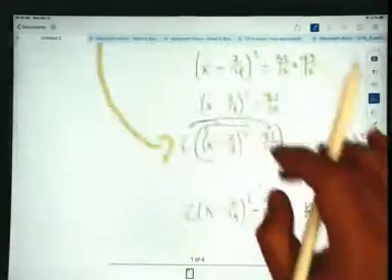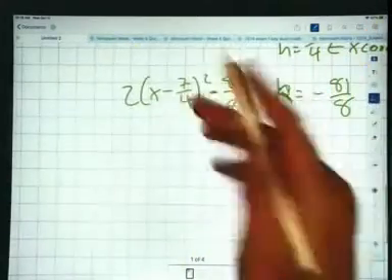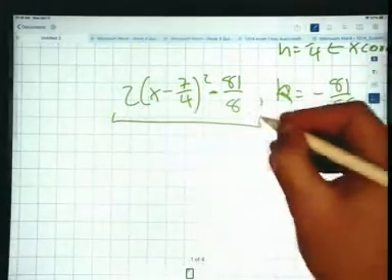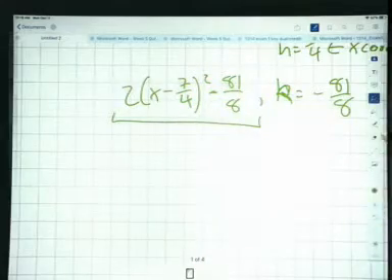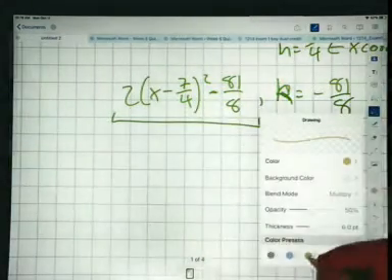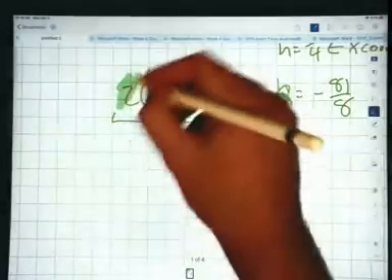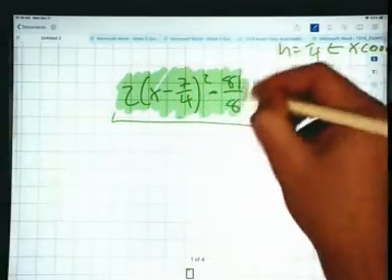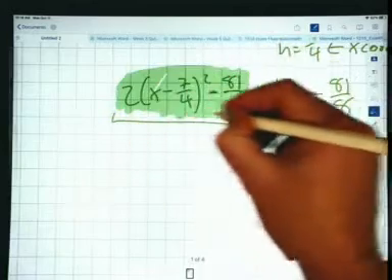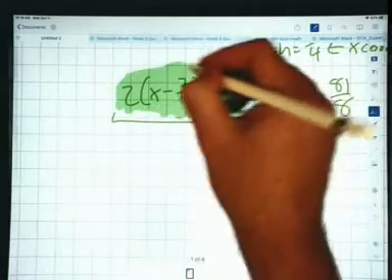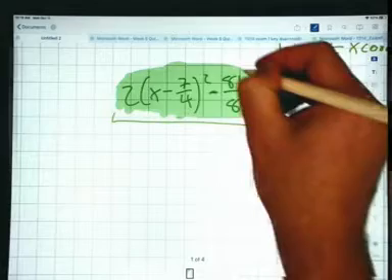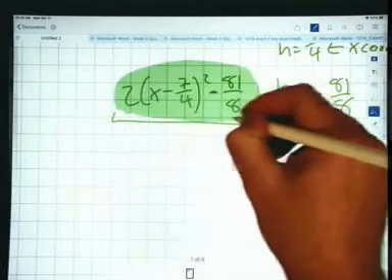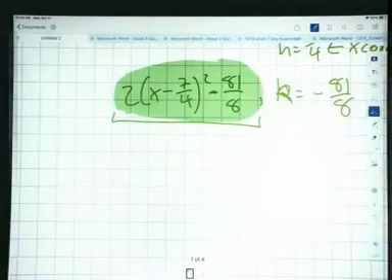So let's verify that. Let me go ahead and highlight this. This is the vertex form that we want. I like the vertex form because I can easily determine what the vertex is. That's why it's called the vertex form.